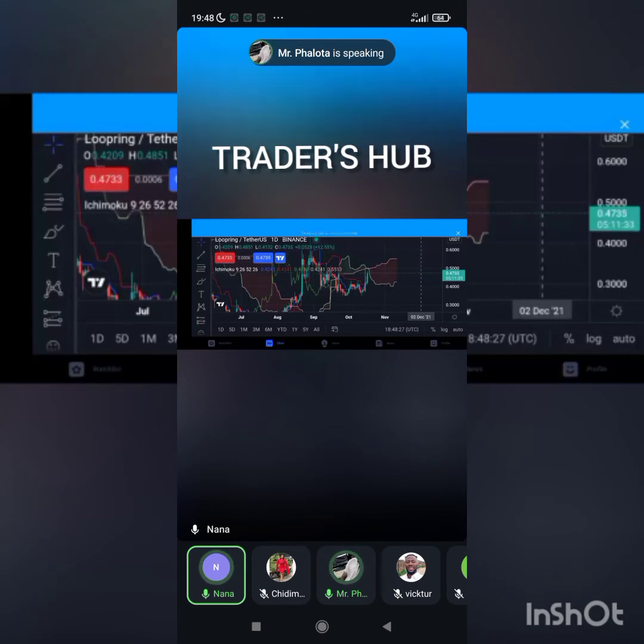This green is the cloud. Then this green line is what they call the span A, and the red one that looks like pink is what they call the span B. So when the candles are forming under the cloud, you are not allowed to take any long trade because it signifies that there's a bearish momentum at that particular time.